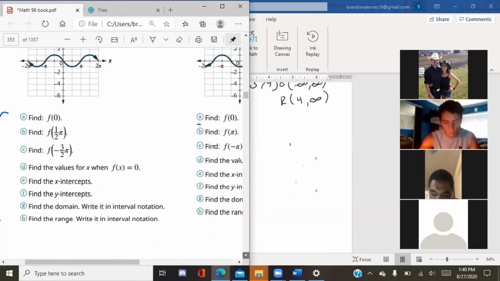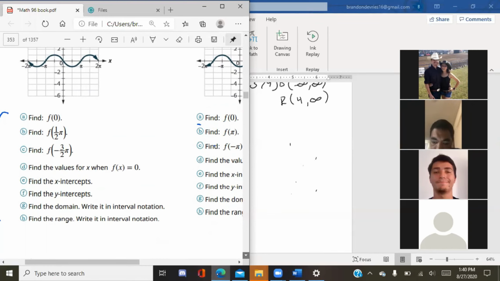So it's negative pi, negative 2 pi, pi, 2 pi. But it keeps going, so do we have to put them in order, from greatest to least? It has an arrow, so it keeps going. If it's every infinity, that would be too many points. It would be every full pi.